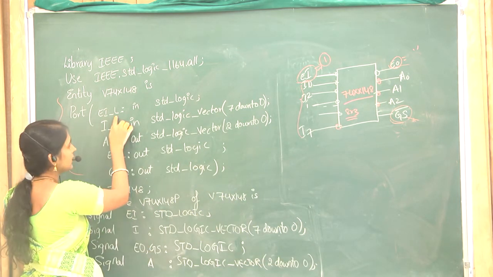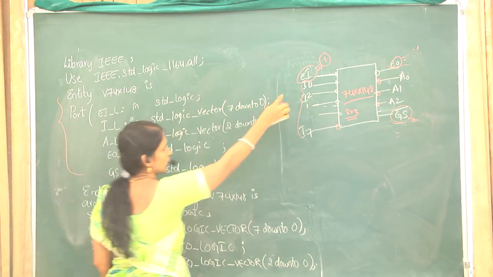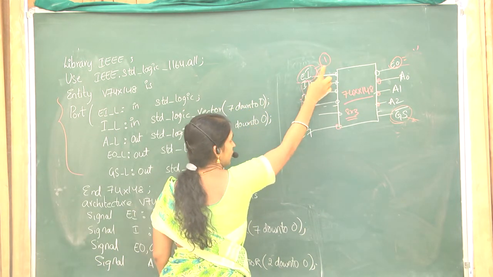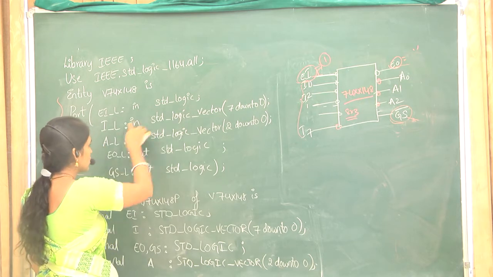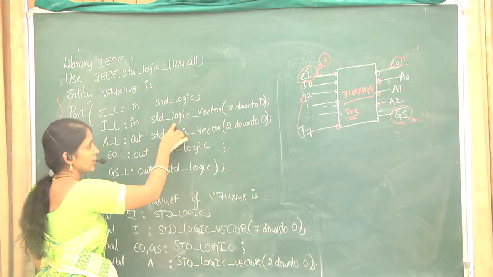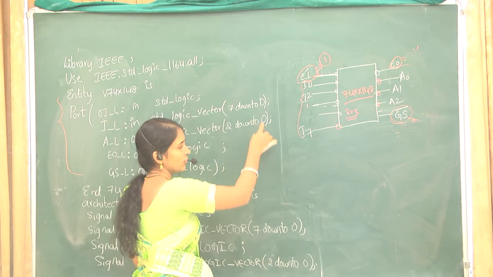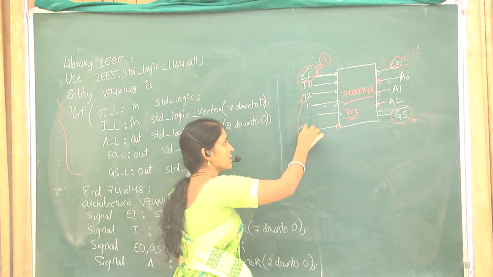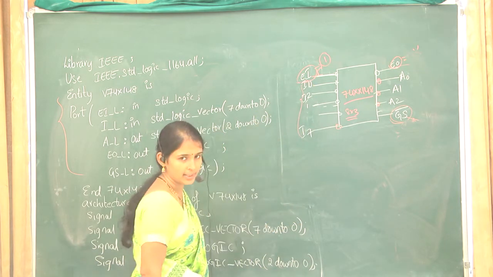See here, entity, EI of L, that is nothing but this one, EI of L, of type std_logic. I of L is nothing but your inputs, ranging from 7 down to 0, that is I7, I6, and so on to I0.